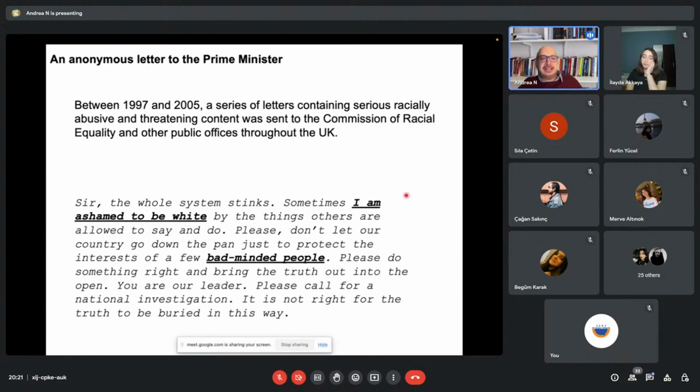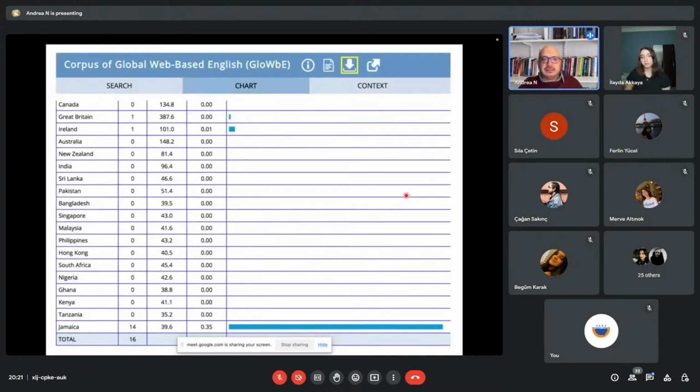A few bad-minded people sounds a little bit odd in British English, and it turns out that if you look at a corpus like GloWbE, which contains various varieties of English, it is actually used in Jamaican English and it's not used anywhere else.